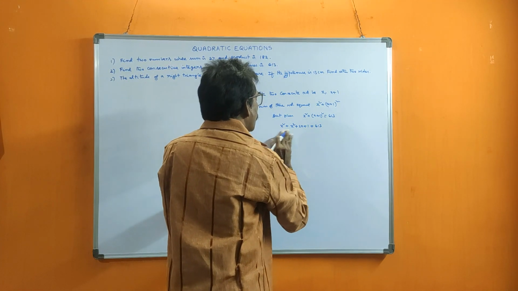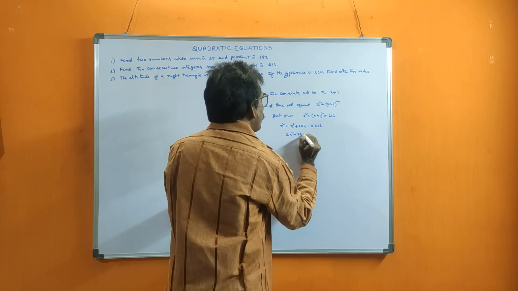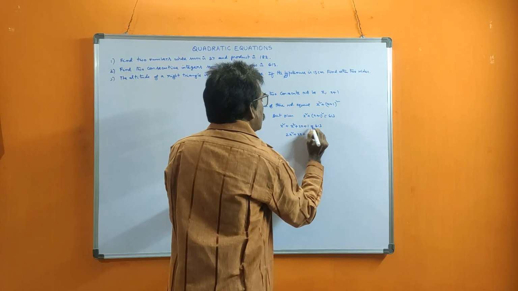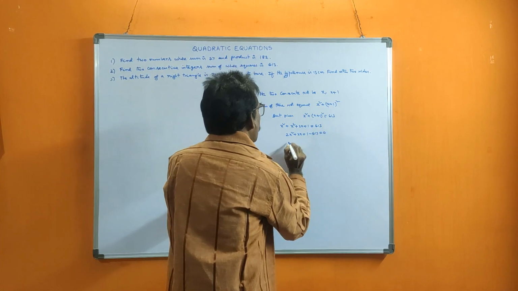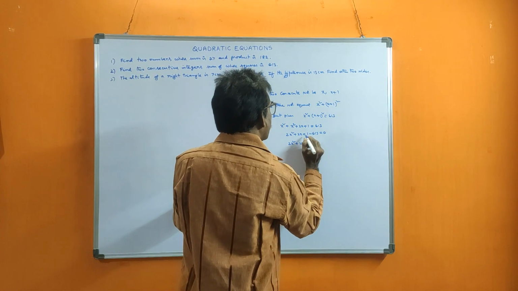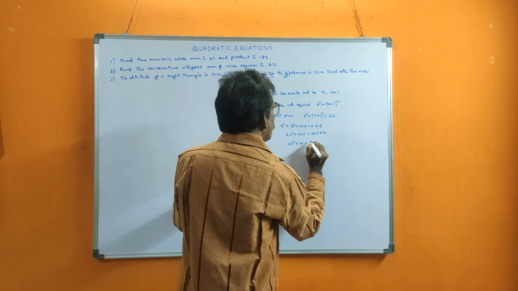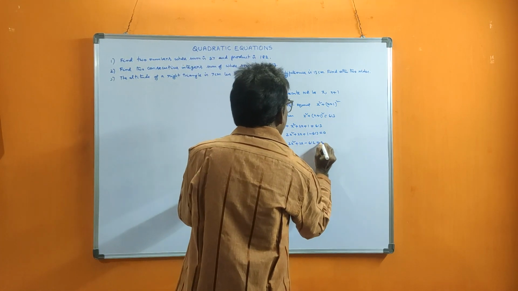So here x square plus x square is 2x square plus 2x plus 1. Now this comes to this side as minus: 2x square plus 2x, minus 613 minus 1, that is 612, is equal to 0.